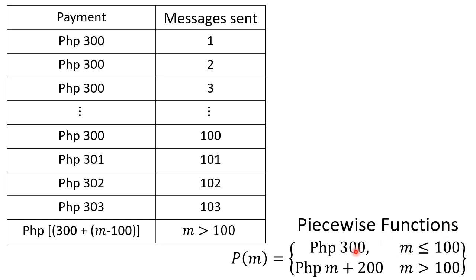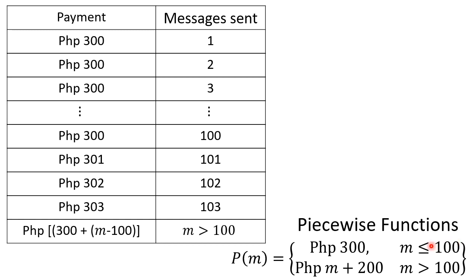So, dito sa unang row is yung condition o yung magiging value ng function. Okay? And then, yung katapat niya is kung ano yung range or domain. Ano yung domain para maging ganito yung function. For example, 300 ako, 300 yung value ng function ko, kung yung domain ko is m from 0 to 100.